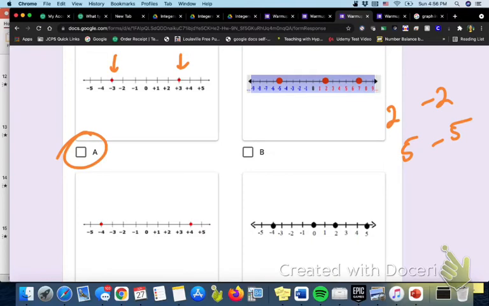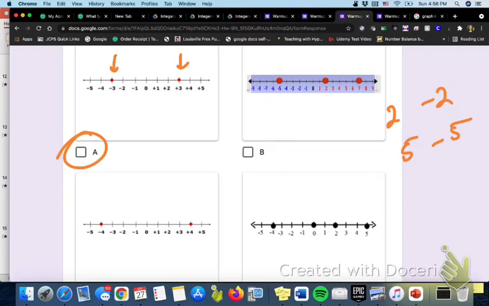Whereas on option B, we've got a -5, but there's no +5 graphed there to represent that. So there's not an opposite there. And here we have +2 graphed, but not a -2. So option B doesn't have any opposites that are graphed.